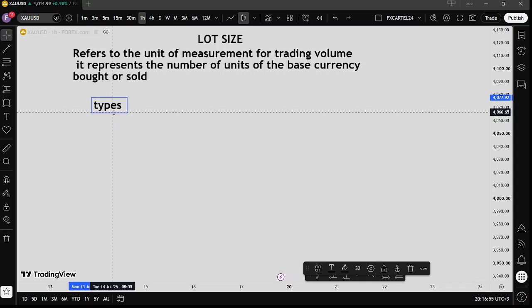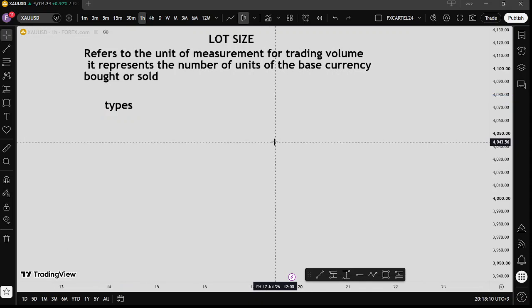So the whole 10 kilos is the volume, the heaviness of the currency pair. Then the measurement is what you can finish.